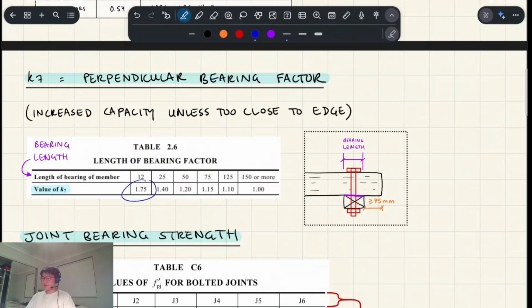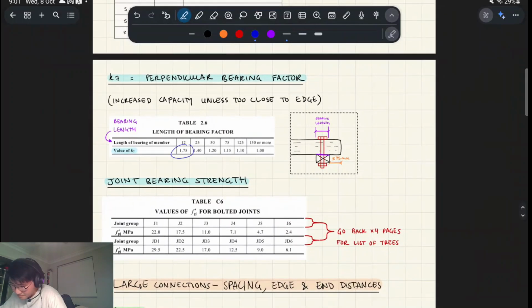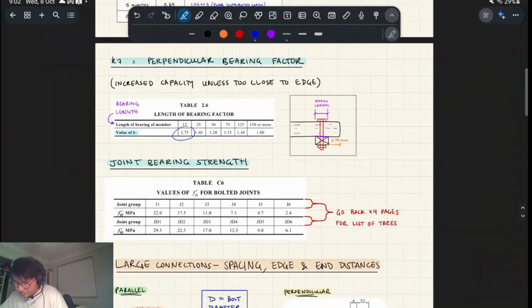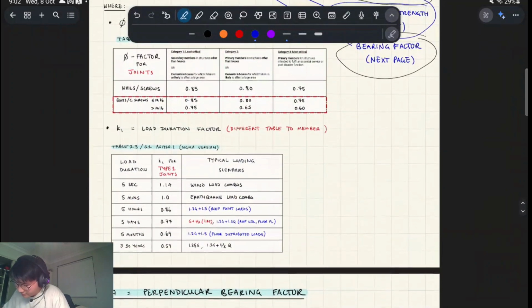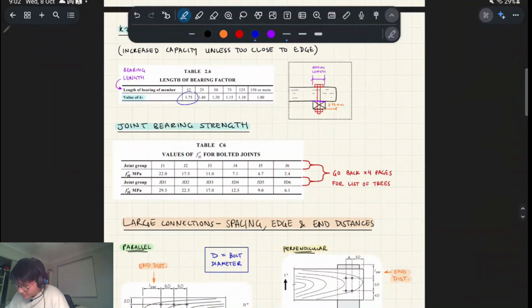It's similar to what we talked about for member bearing strength. Okay, joint bearing strength is this value here. Joint bearing strength is just a function of your type of tree and the joint group, and whether it's dry or not.